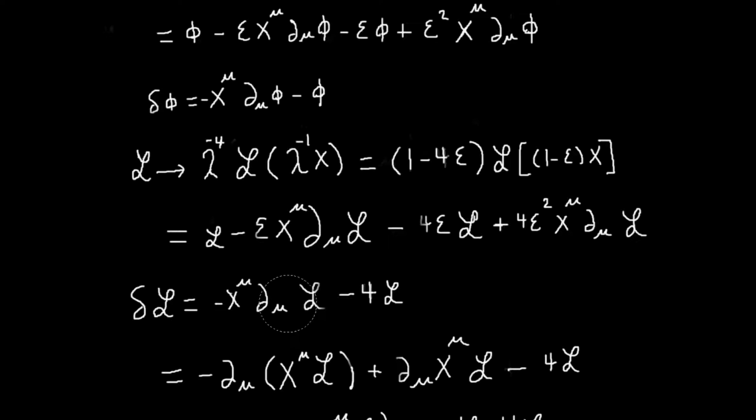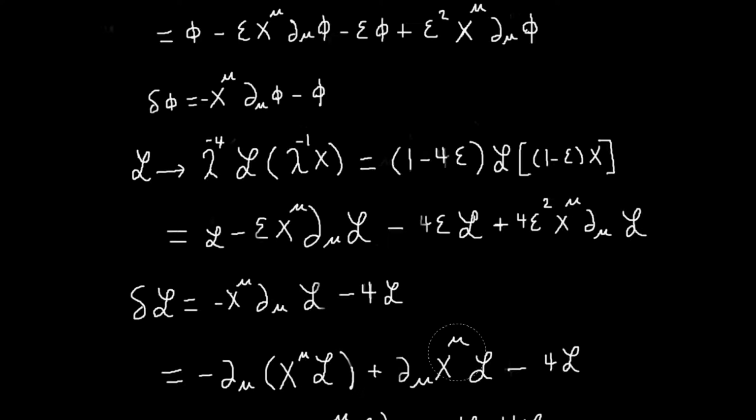And then we can rewrite this term. We can do the integrate by parts thing, but not integrating. So this is equivalent to these two terms. We're doing this because we need to write our change in the Lagrangian as a total derivative, so we can get our F mu.